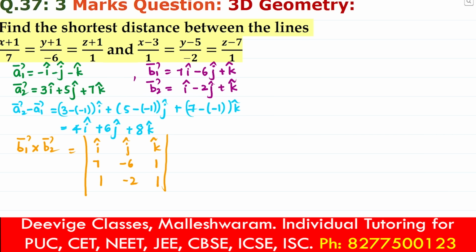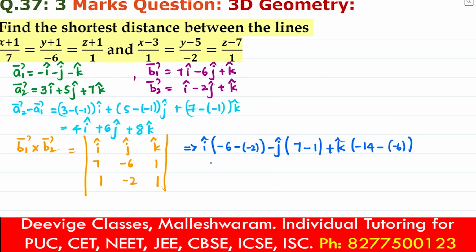That will be equal to i cap into minus 6 into 1, minus 6, minus 1 into minus 2, minus 2, minus j cap into 7 into 1, 7, minus 1, plus k cap into 7 into minus 2, minus 14, minus 6 into 1, is minus 6.